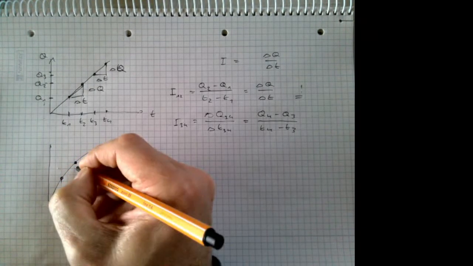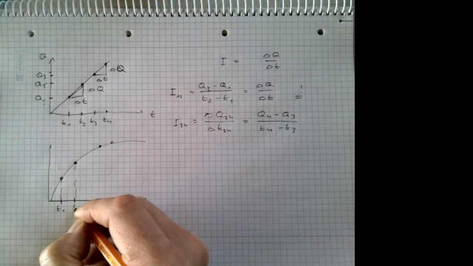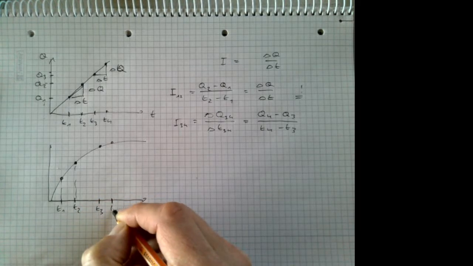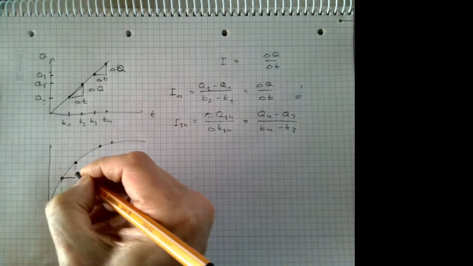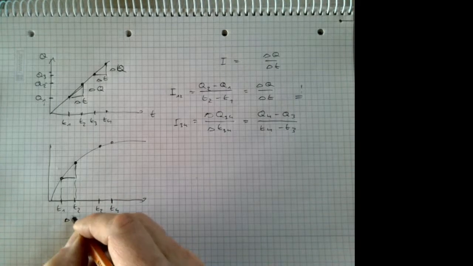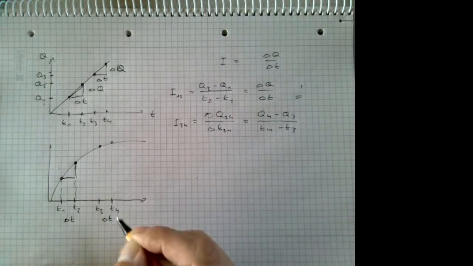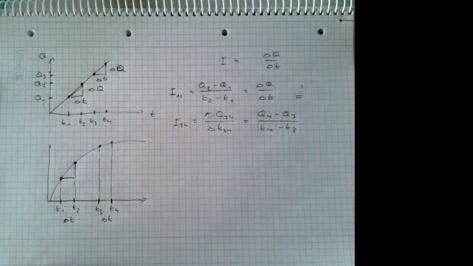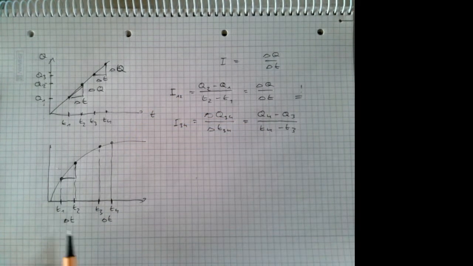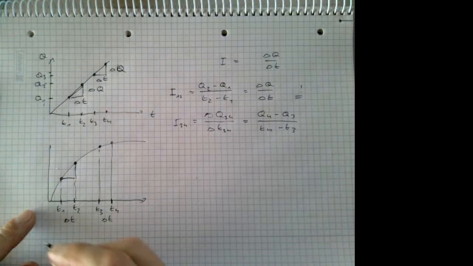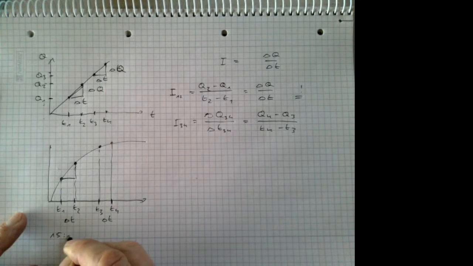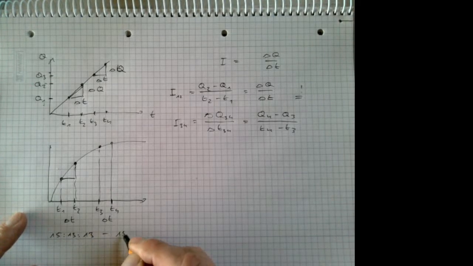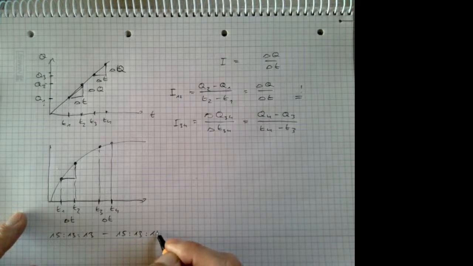Right? Let's say we have here T1, T2, T3, T4. Let's say the delta T can be the same, right? Let's say this delta T is the same. So we choose these times that we measure. So we measure for 1 second, for example, right? We have our stopwatch, 1 second, delta T is 1 second, right? From, I don't know, 15 o'clock, 13 minutes and 13 seconds to 15, 13, 14 seconds, right?